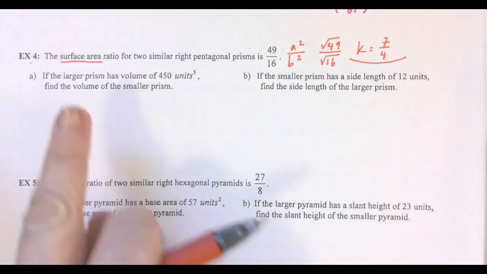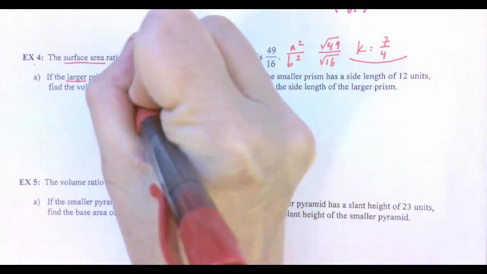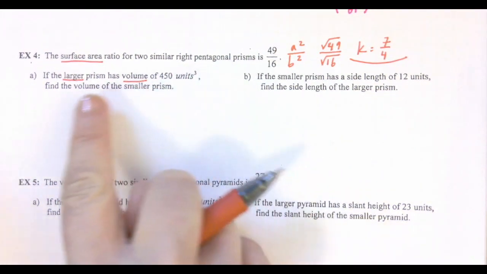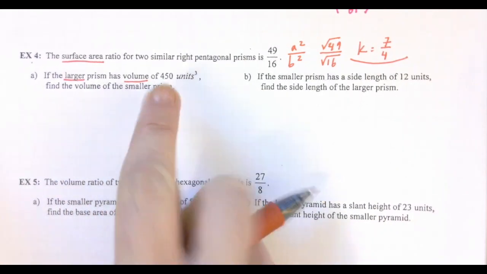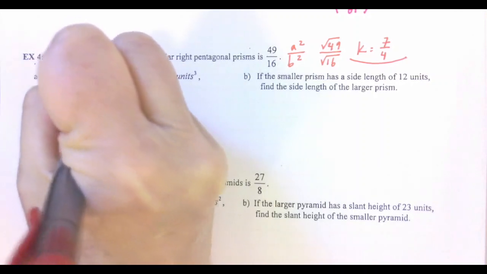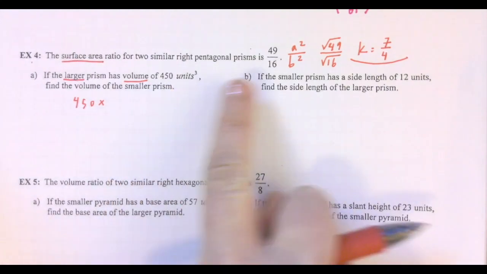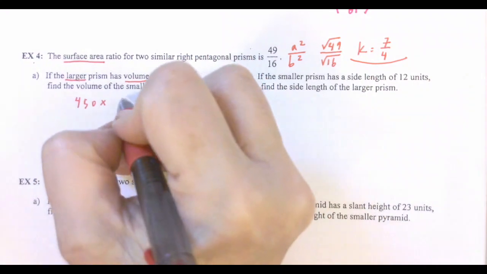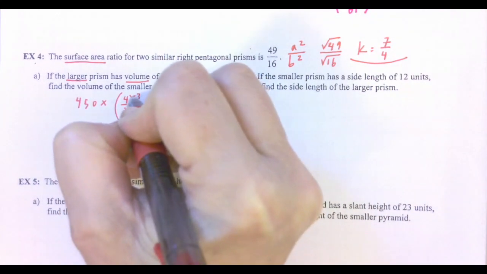Okay, so now here, the larger prism has a volume of 450 units cubed. Find the volume of the smaller prism. So I'm going to start with that 450, and I want to multiply it by a volume ratio that's going to shrink it. So when I look at this ratio, I need to look at the reciprocal, so 4/7 and cubed.